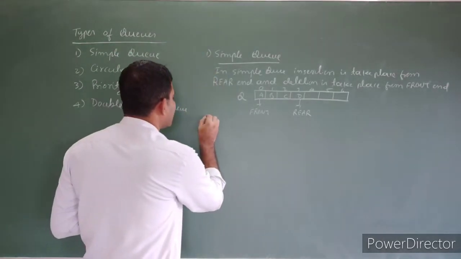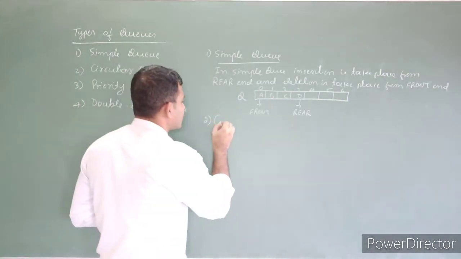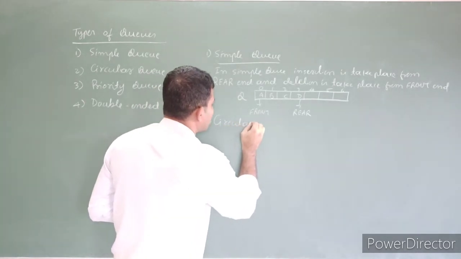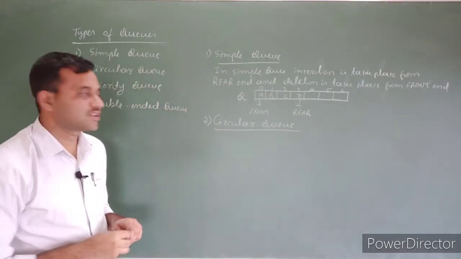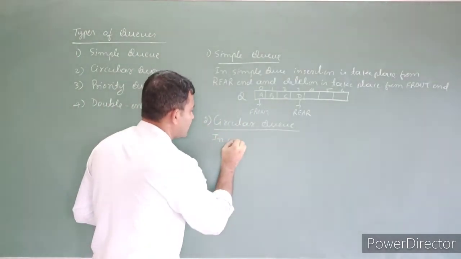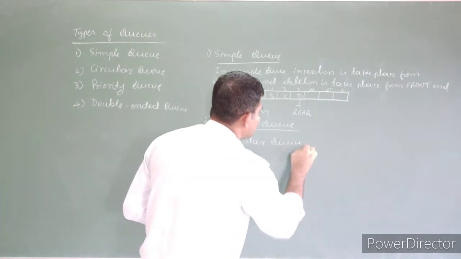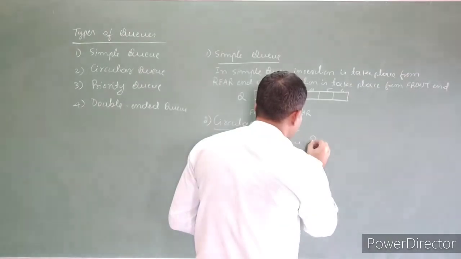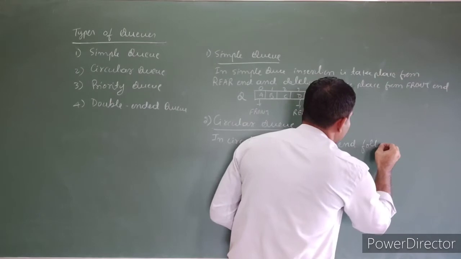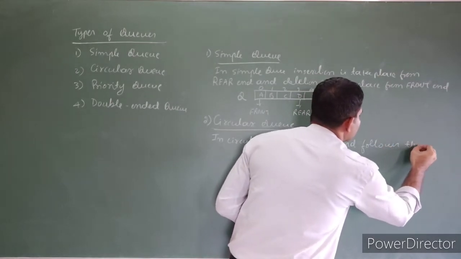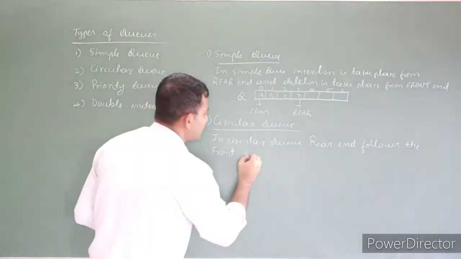Then consider the second one, that is circular queue. In a circular queue, the rear end follows the front end.